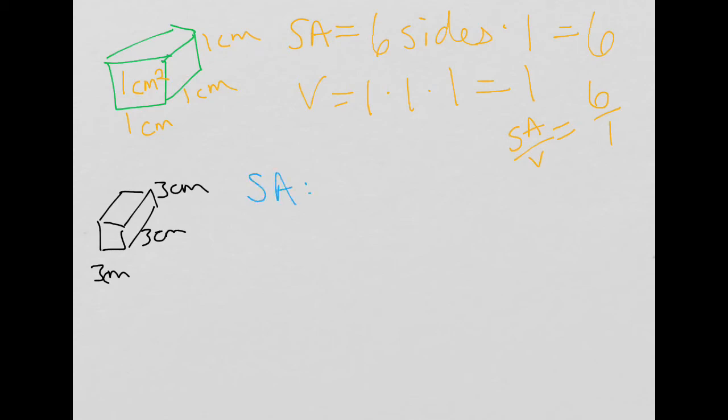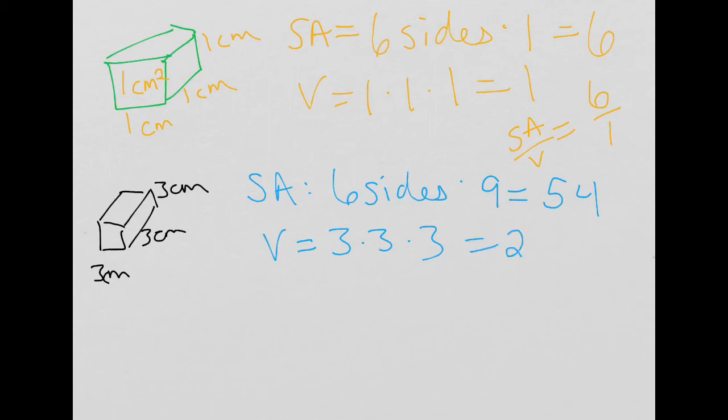Surface area, again, we have 6 sides. And the area of one side is going to be 3 times 3, which is going to be 9. That gets us about 54. Okay, volume is 3 times 3 times 3, which is 27.